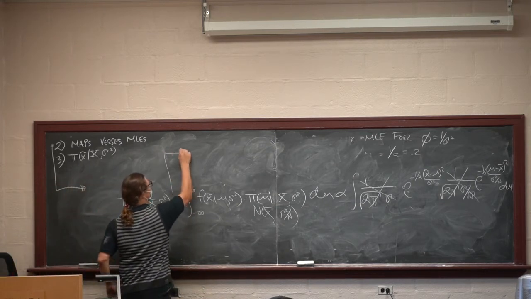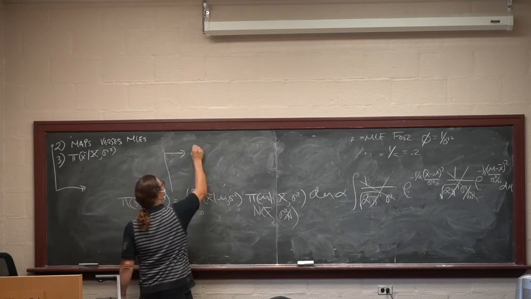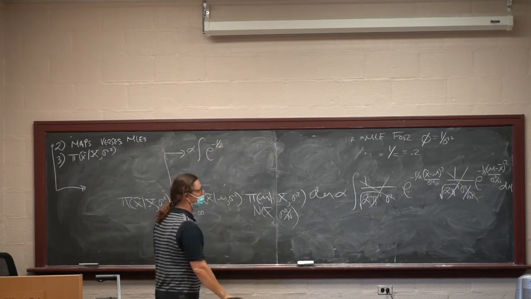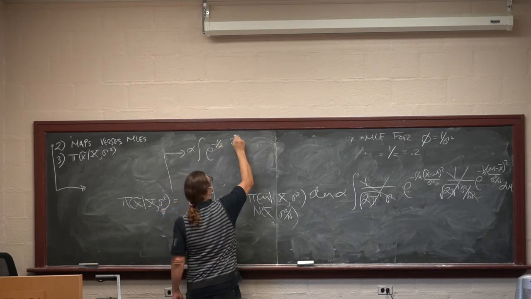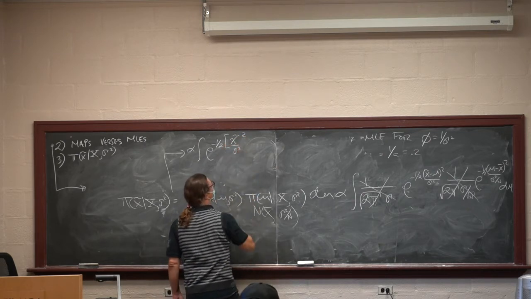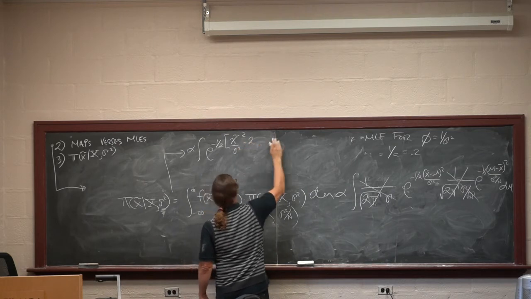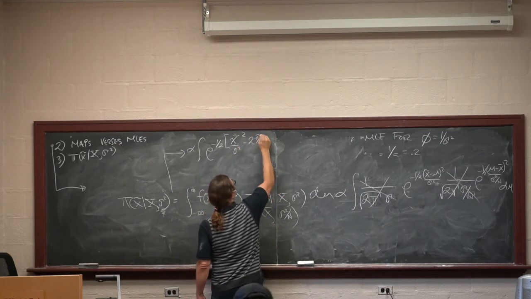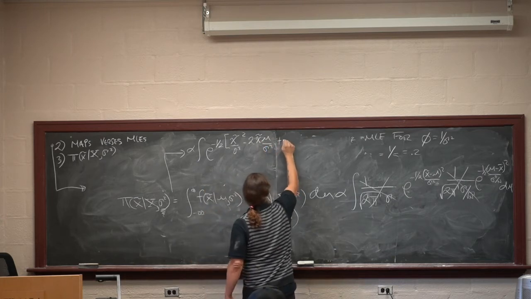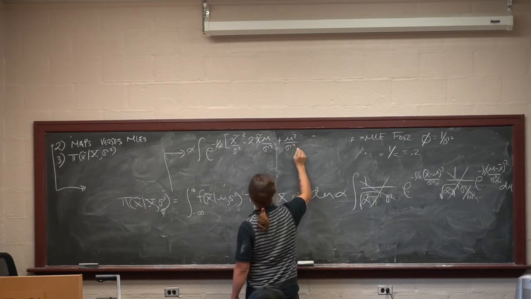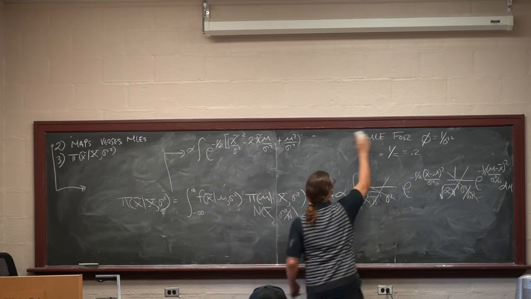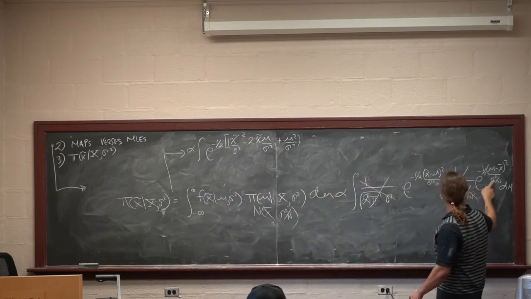So this thing is going to look proportional to e to the minus 1/2 x tilde squared over sigma squared minus 2 x tilde mu over sigma squared plus mu squared over sigma squared. I'm going to do all my expansions up front. I'll combine everything into the same exponent. So now I'll expand these ones.